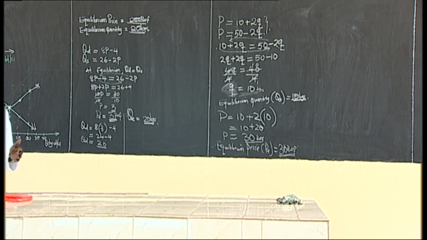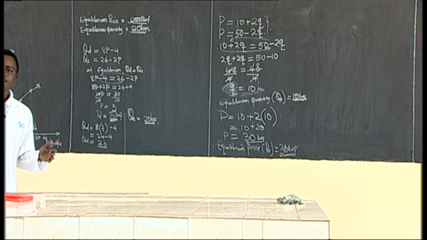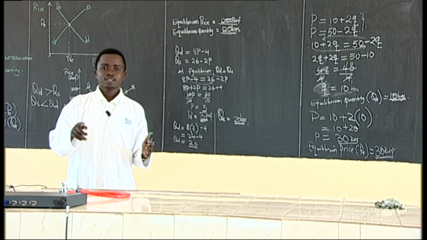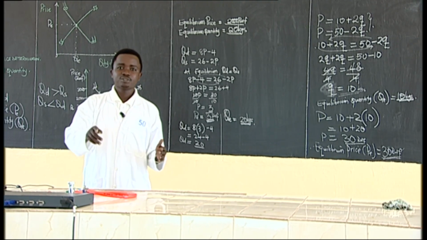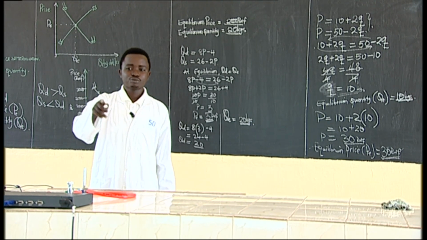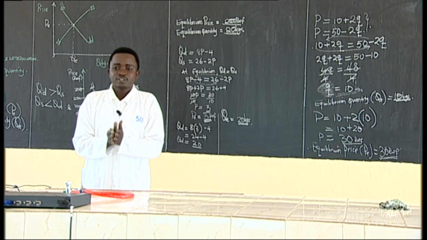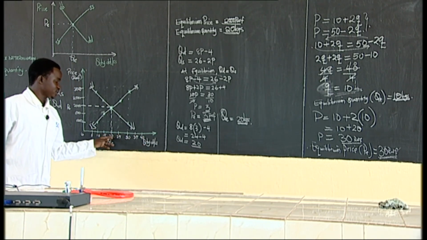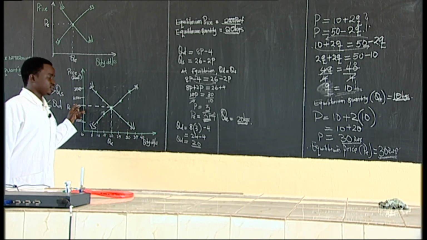The third system: quantity demanded is equal to 20 minus 2P, and quantity supplied is negative 10 plus 2P. So I want you to solve that as your assignment. Determine the equilibrium price and the equilibrium quantity. And if you want, you can even illustrate it on the graph by showing the values that you have gotten.